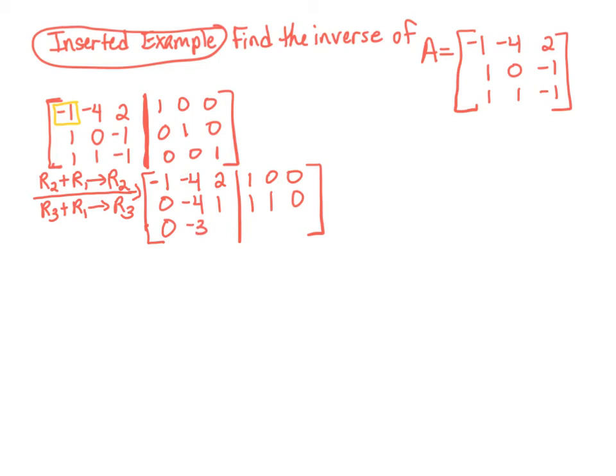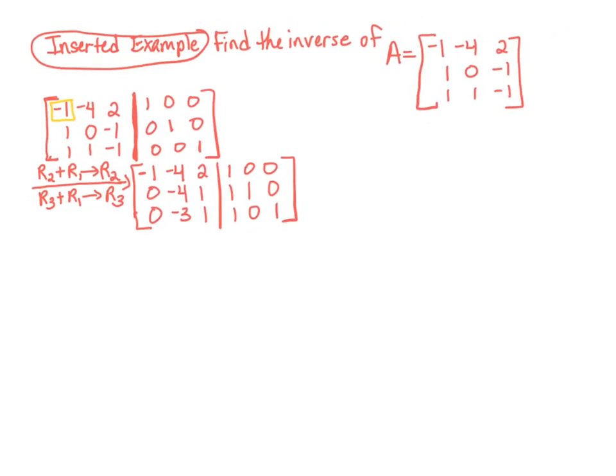Then we have -1 plus 2 is what? 1. 0 plus 1? 0 plus 0. 0. And what's the last one? 1. Good. Now, what do you want to do? What's your pivot?